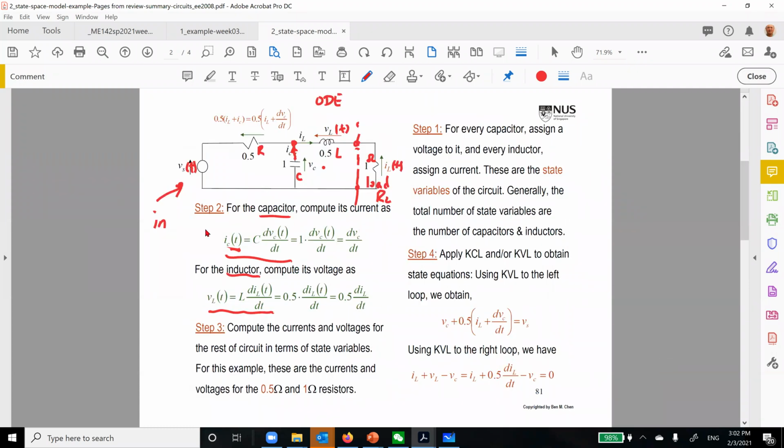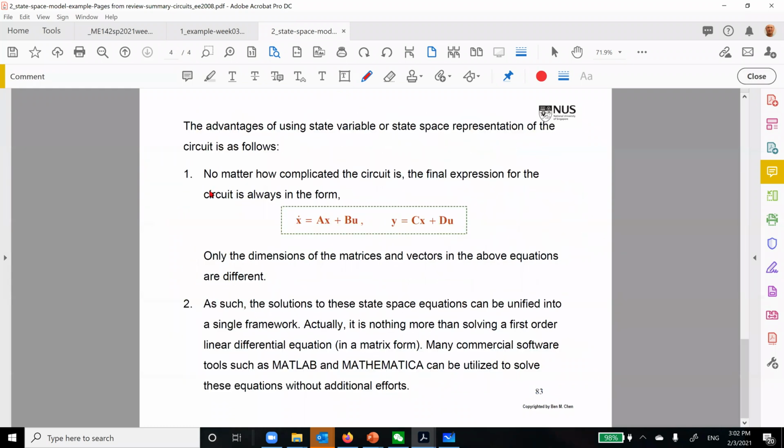So no matter how complicated the circuit is, it's always possible to write it in a neat, unified form of this A, B, C, D. So that's why it is beautiful, unified.